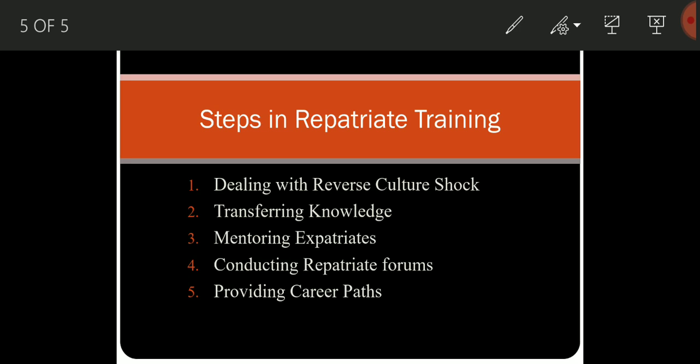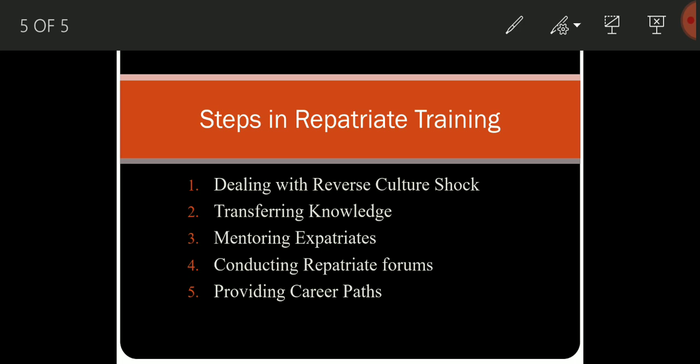The information exchange between repatriates and expatriates can help ensure a positive experience for the expatriates by alerting them to the challenges faced when working abroad. This will help future expatriates overcome all the challenges when they are involved in international operations.